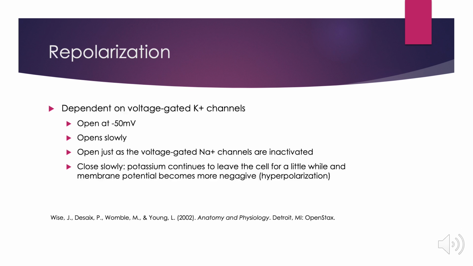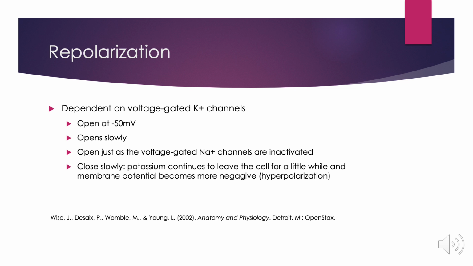During repolarization, it's dependent on voltage-gated potassium channels. So if you're looking at the chart, you see that spike. The left side of the spike is sodium, the right side is potassium. Now these channels open at negative 50 millivolts, so the sodium has caused the cell to become less negative, and that causes the potassium gates to open, and they open slower than the sodium gates.